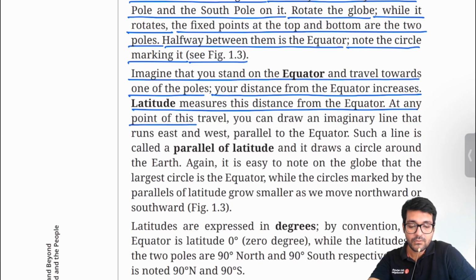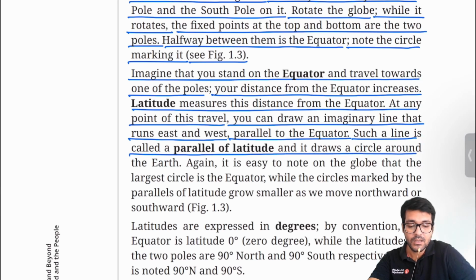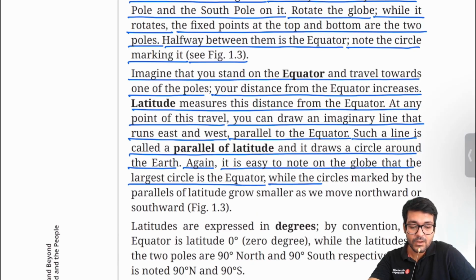At any point of this travel, you can draw an imaginary line that runs east and west parallel to the equator. Such a line is called a parallel of latitude and it draws a circle around the earth. Again, it is easy to note on the globe that the largest circle is the equator, while the circles marked by the parallels of latitude grow smaller as we move northward or southward. Figure 1.3.